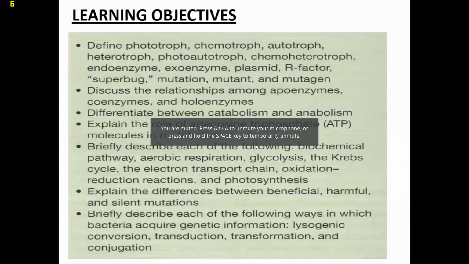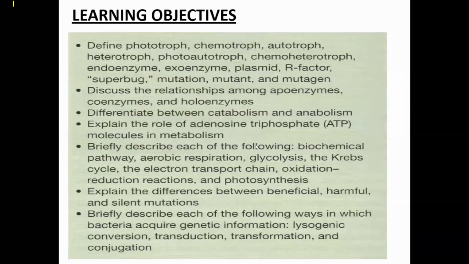The learning objectives of this lecture and the next lecture are to go into certain definitions: phototrophs, chemotrophs, autotrophs, etc. We'll go through them. We talk about enzymes, catabolism and anabolism, biochemical reactions, including aerobic respiration, glycolysis, the Krebs cycle, the electron transport chain, and oxidation reduction.